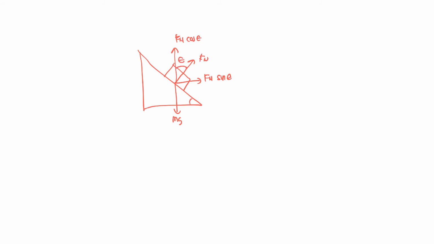So, for example, if you drive a car larger than your design speed, mg, remember we are going to resolve Fn, not mg. Fn sin theta, and this one is going to be Fn cos theta if I'm using the angle here.